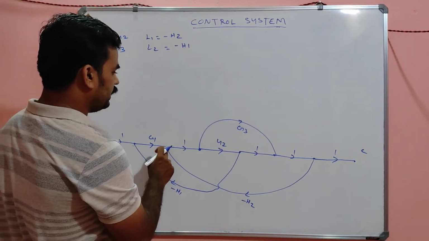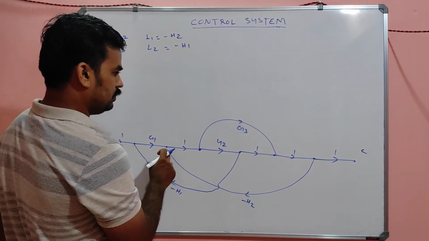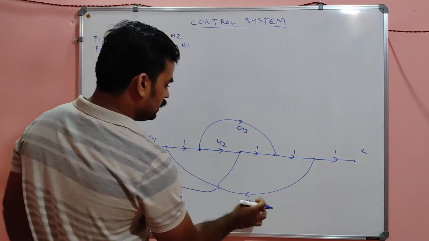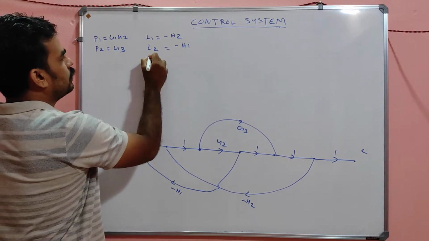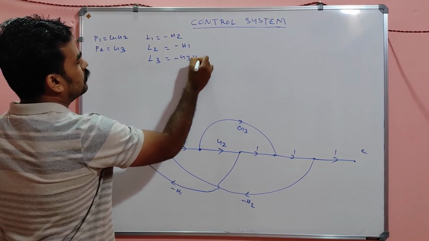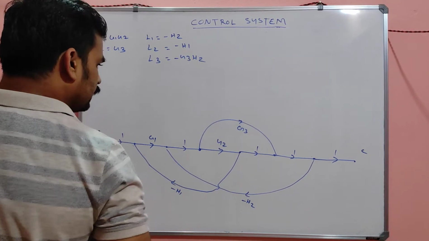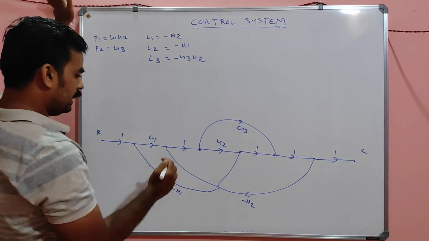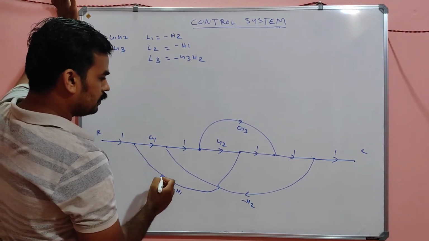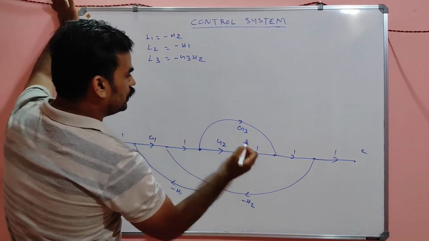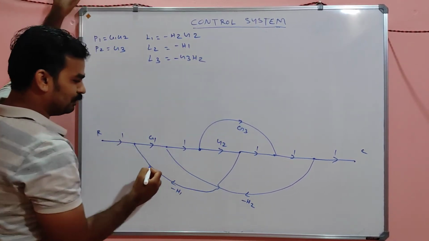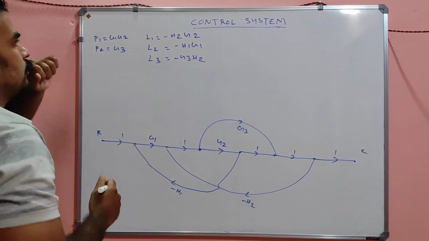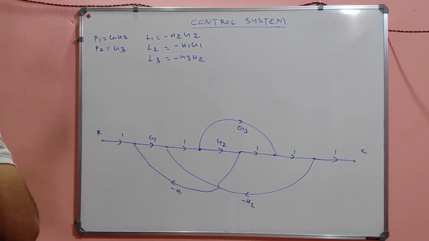From here to here I can move my journey. Here G3, minus G3 H2, correct? So L2 will be, sorry my dears, L2 will be H2 G2. I forgot to write the G. And this is H1 G1. So H2 G2, H1 G1.